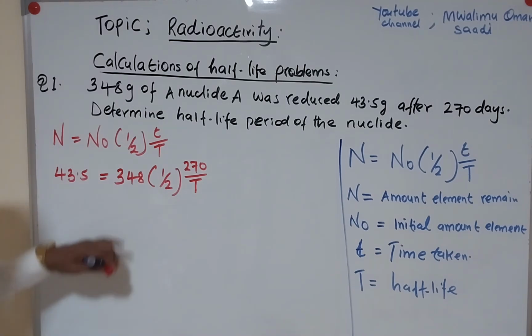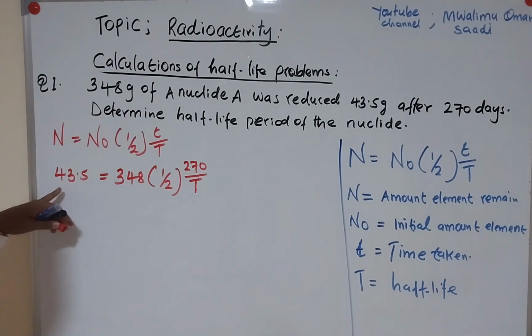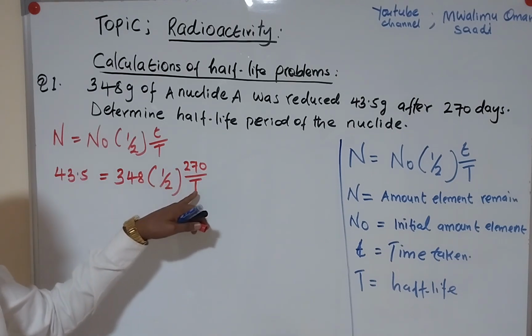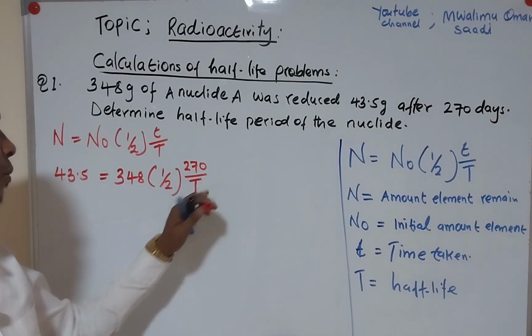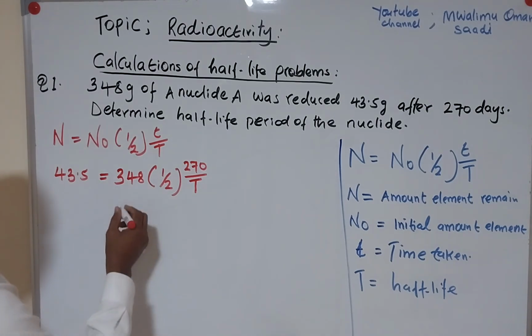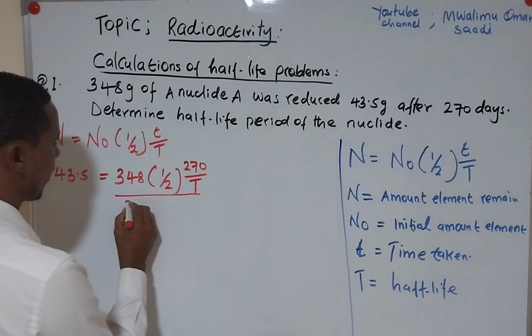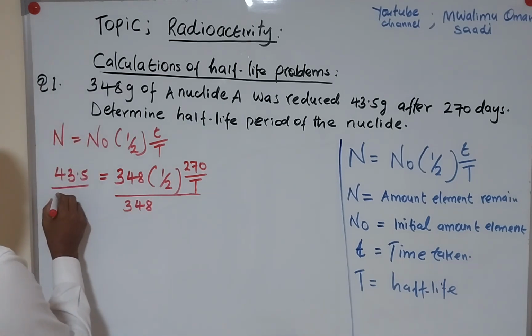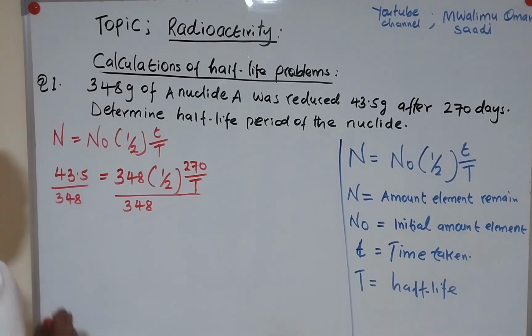Okay. So this is now our equation: 43.5 is equal to 348 times half power 270 over capital T. So from there, let's divide 348 on both sides, so that we solve for the unknown value.